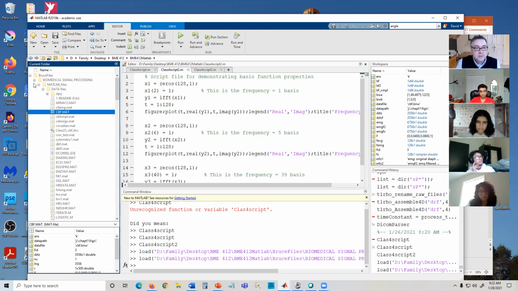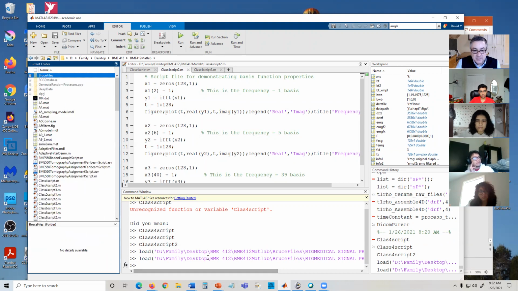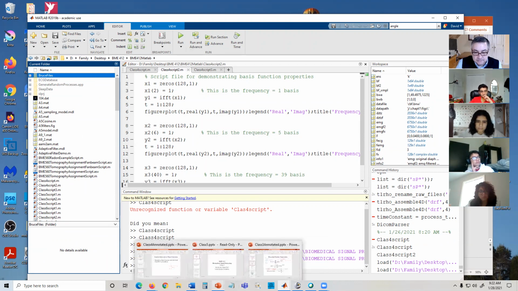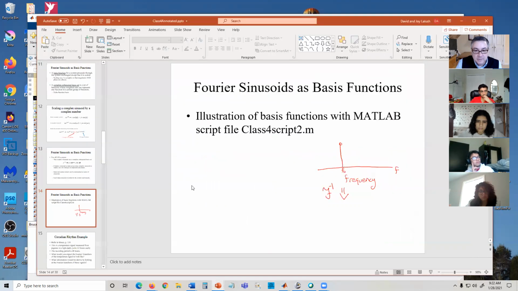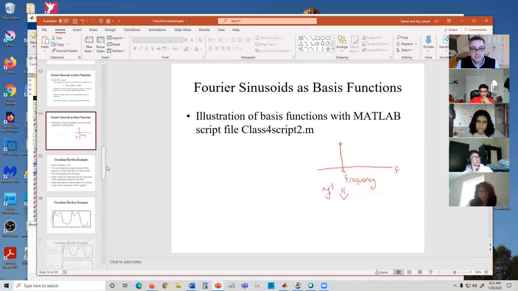Well, I'll tell you what, we're going to do an example in a bit. So that'll be a little more effective, I think. Okay, so this is an important point for how we interpret taking Fourier transforms.